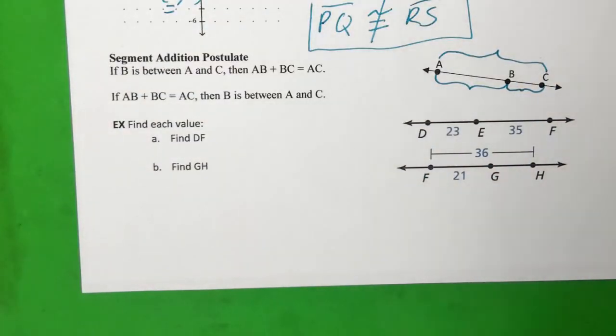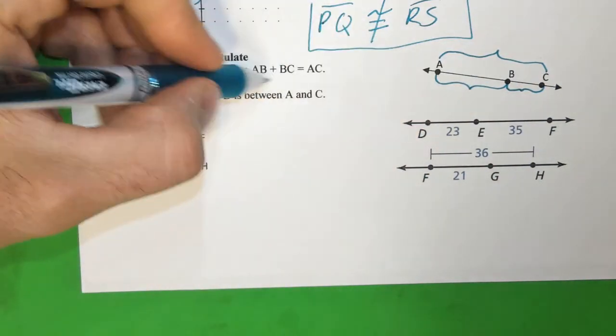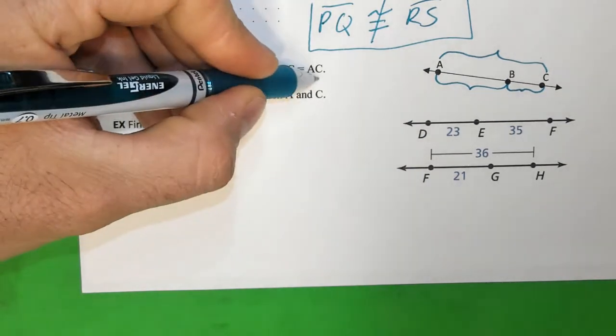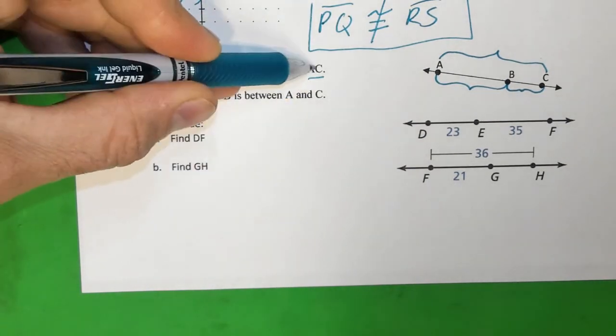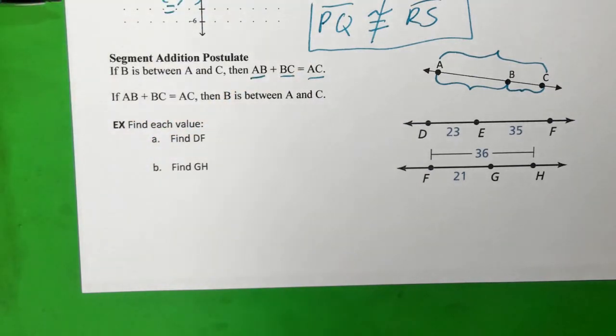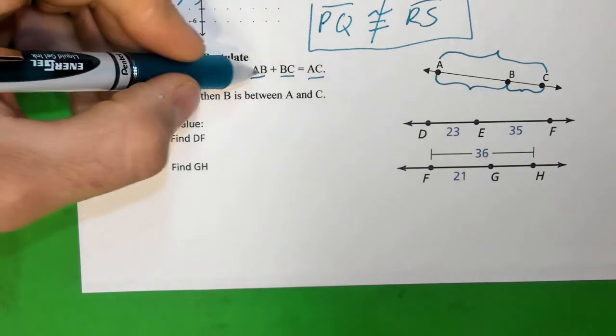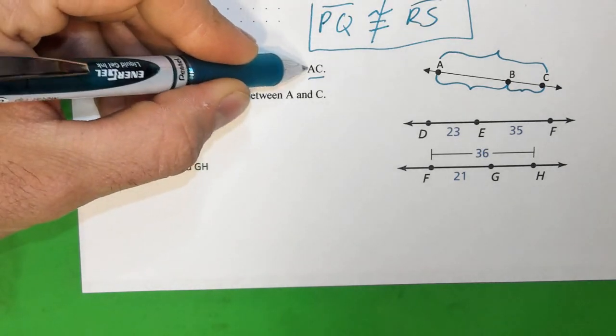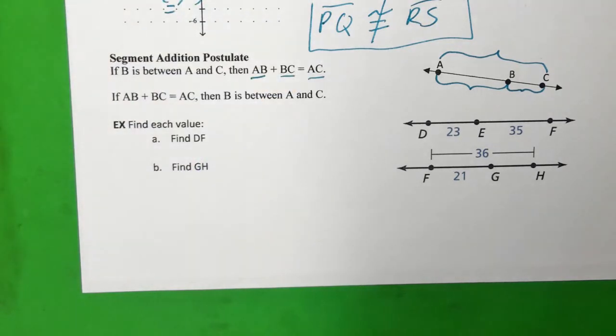The way this is all going to work out is if you take those two smaller pieces, AB plus BC, it will be equivalent to AC. Now, if you look at all of these, you're going to notice that I'm talking about distances. There are no segment notations over the top of these, so all of these are referring to the distance. The distance from A to B plus the distance from B to C is equal to the total distance from A to C. What I like to do is I'm a little more basic than that.